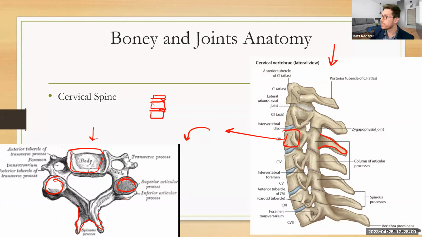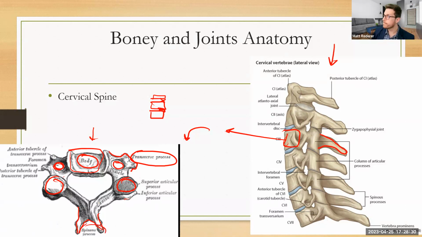All right, so we have these joints where they articulate. In the cervical spine, we have a hole in this body that protrudes out the side. This is called the transverse process. So what I want you guys to remember about these are the ones I circled.